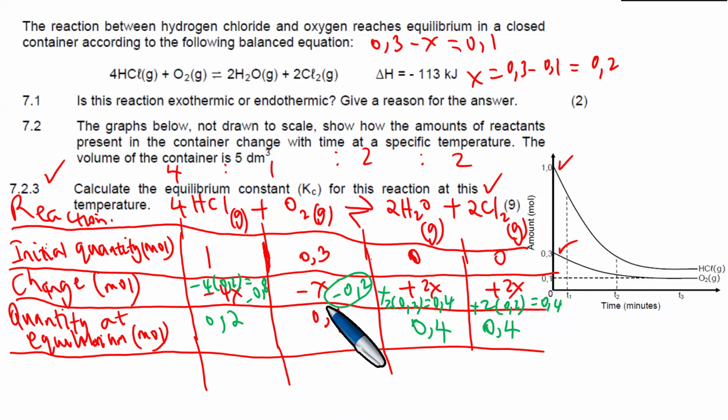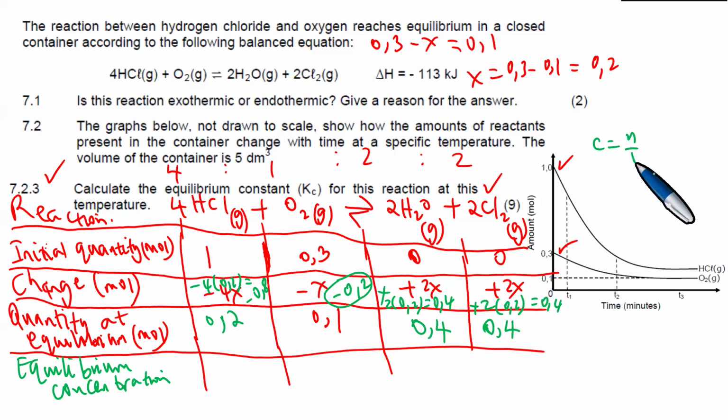Now, there is equilibrium concentration. Okay, so now we have the equilibrium concentration. With the equilibrium concentration, what do we get? We use our old formula.